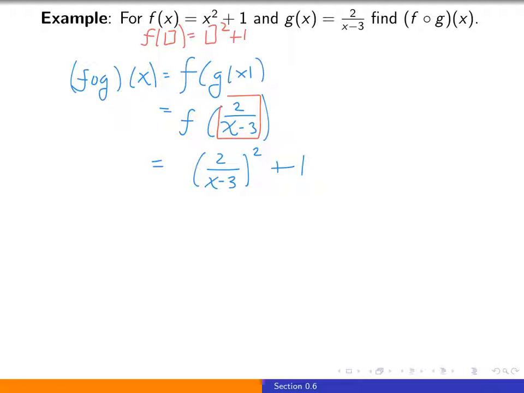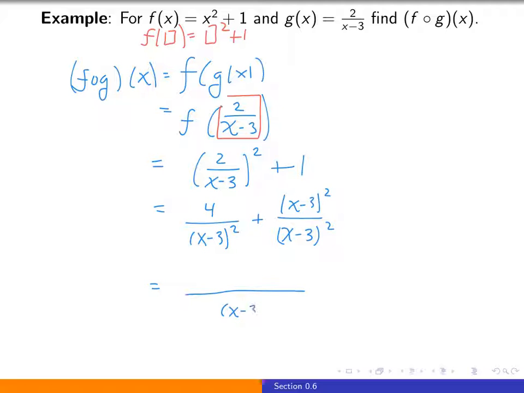And now let's go ahead and simplify. So we can distribute that square to the top and the bottom. And when we add these fractions together, what we are going to want to do is rewrite the 1 as x minus 3 squared over x minus 3 squared. So we now have a common denominator, x minus 3 squared, and we just need to combine terms appropriately in the top.